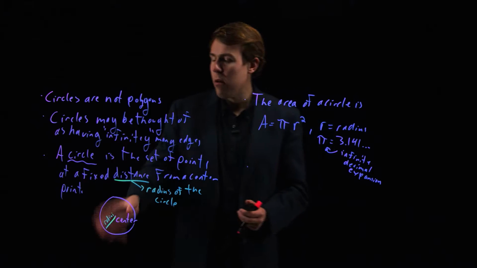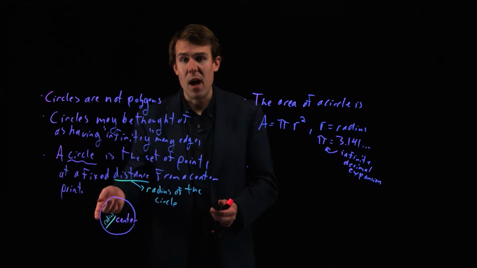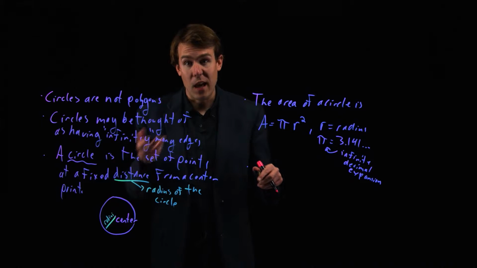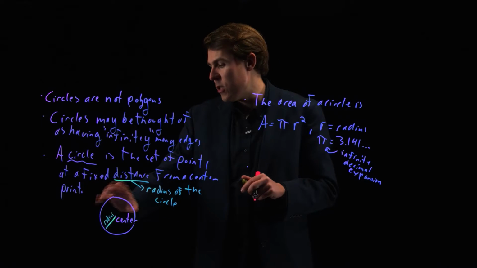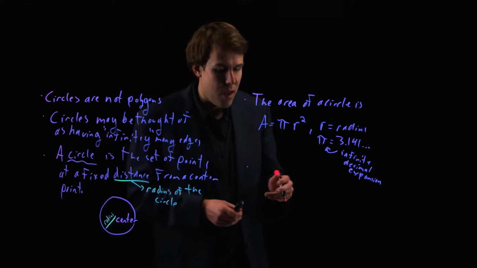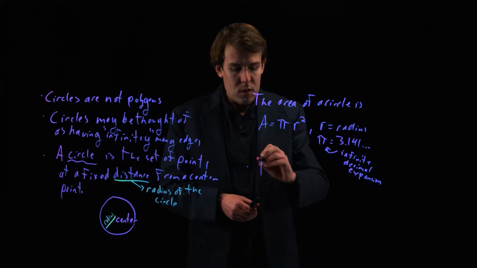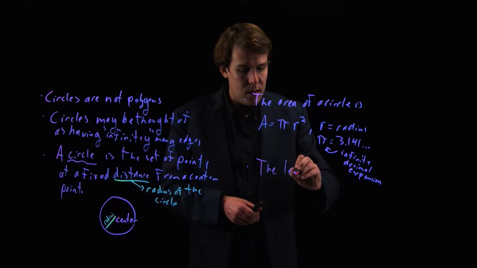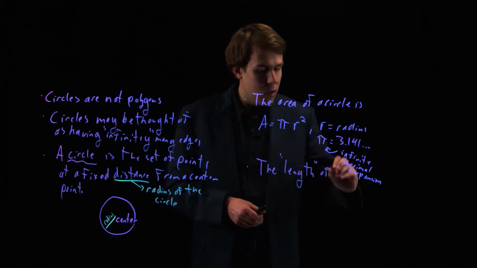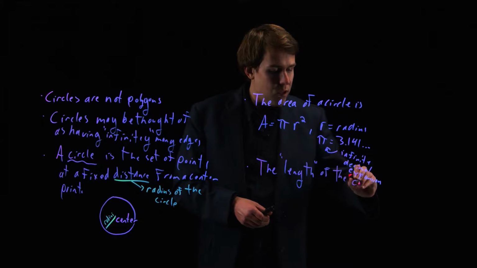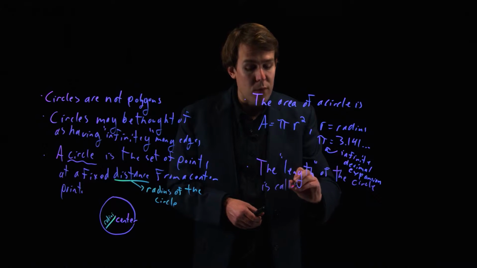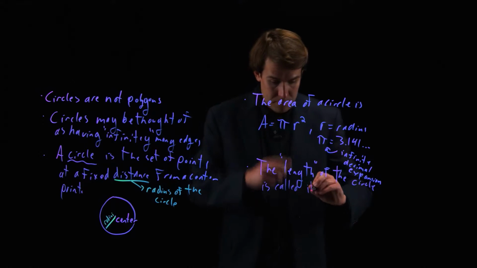When we had parallelograms and trapezoids and whatnot, we could talk about the perimeter. All we had to do was add up the side lengths. Here it's not obvious because there's really only one side, or infinitely many, depending on how you think of it. So we say that the length, in quotes, of the circle is called its circumference, not its perimeter.